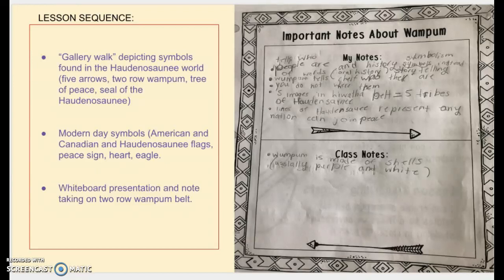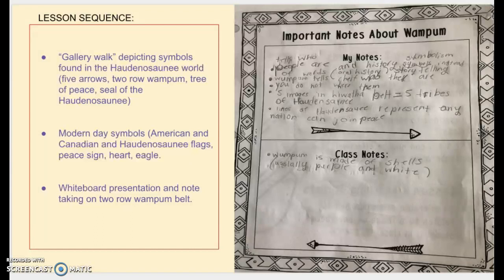These were the symbols of the Indian culture. And then the teacher showed them symbols of modern day American and Canadian flags and the Haudenosaunee flag, and peace sign, symbol of a heart, symbol of eagle, and a discussion regarding these symbols and how it adds to oral tradition.